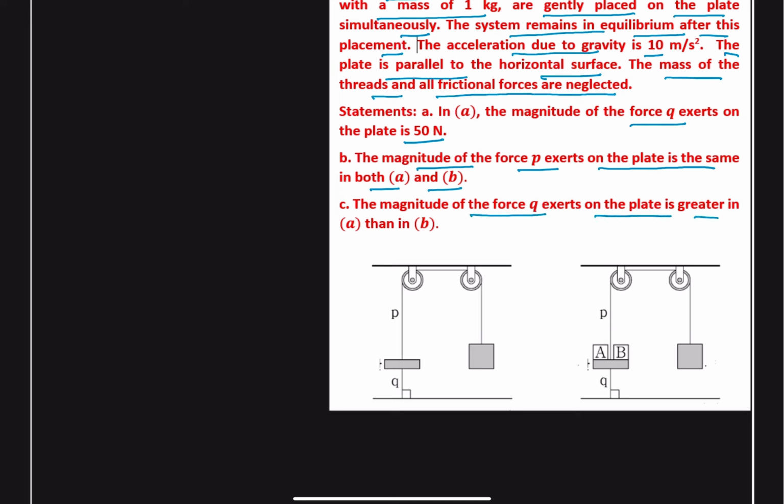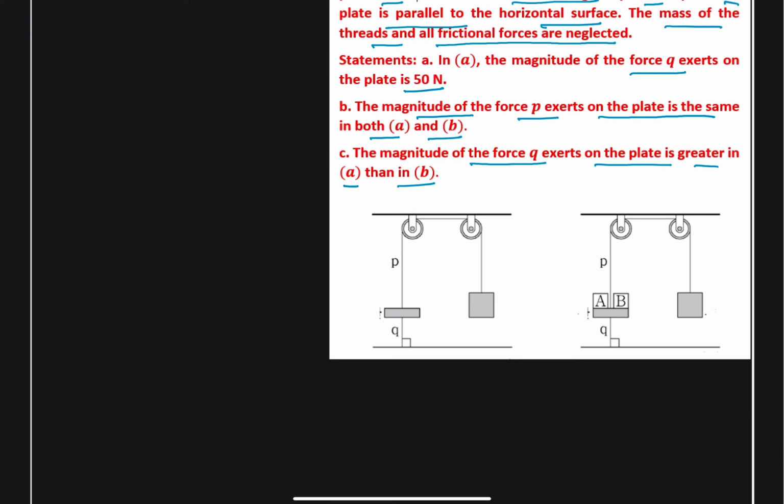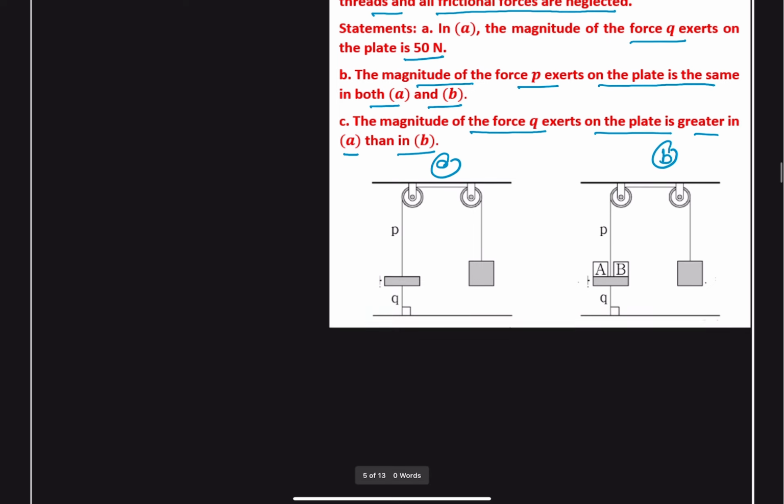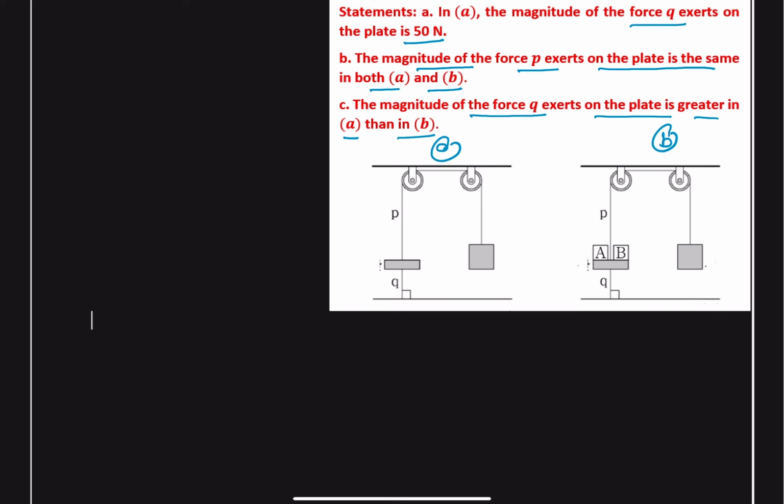So this is our figure A and this is our figure B. In figure A, we have a plate which is connected with the strings P and Q, and through this pulley system, another mass, whose value is given as 10 kg.